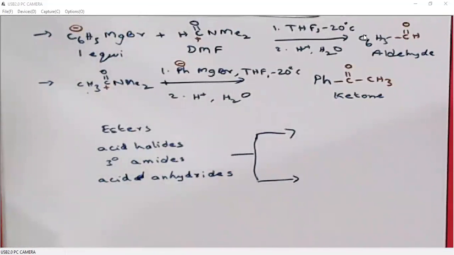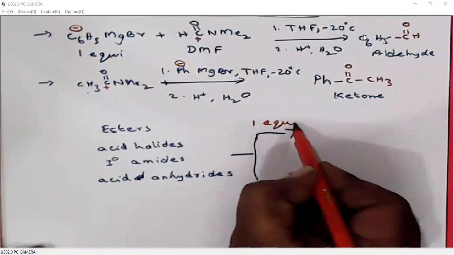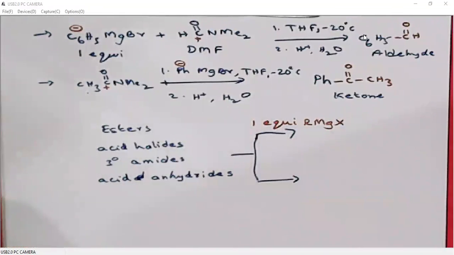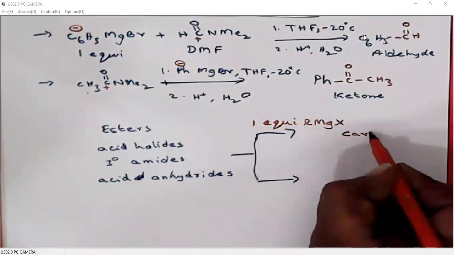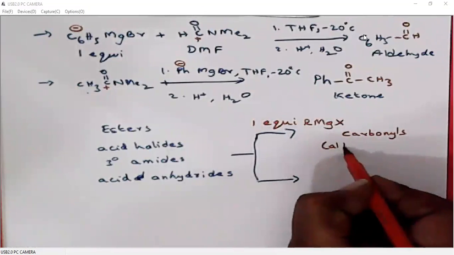So all these carbonyl molecules, when we use only one equivalent of Grignard reagent, they generate carbonyls, either aldehydes or ketones.